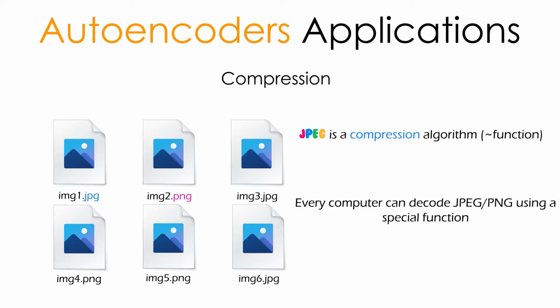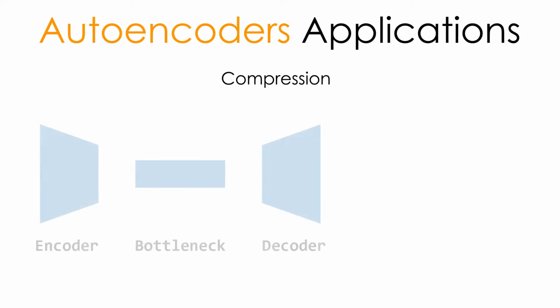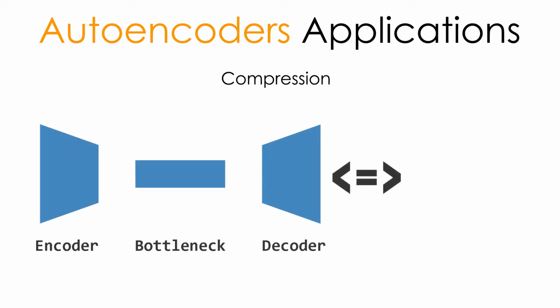This way, when we want to share images, we don't have to share the whole information inside the image, but only some parts that are used to decode the image in the JPEG algorithm. In this compression example, the autoencoder would be a replacement for the JPEG algorithm.